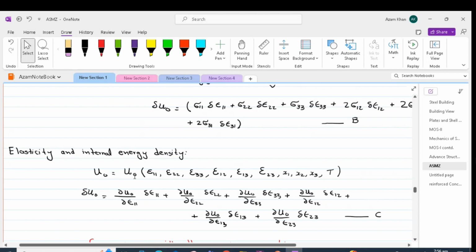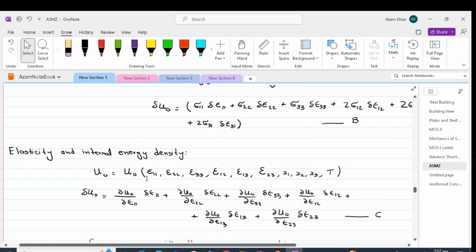As we discussed, our strain energy density is a function of all the epsilons, the positions x1, x2, x3, the temperature and time. We assume homogeneous material, so the x1, x2, x3 dependency will go away. We assume no temperature dependence and no time dependence, so we are left with only the components of epsilon.